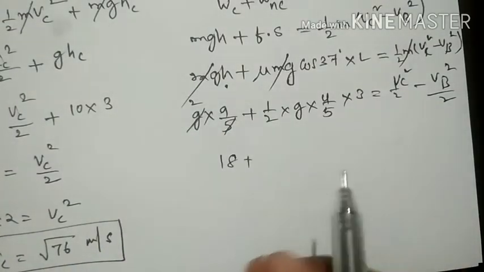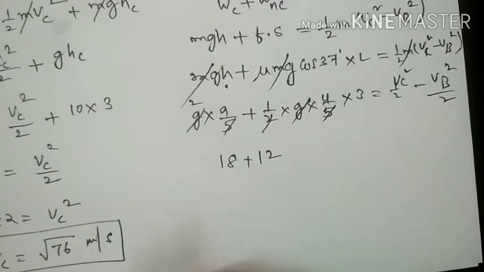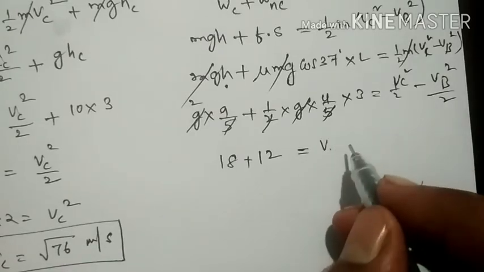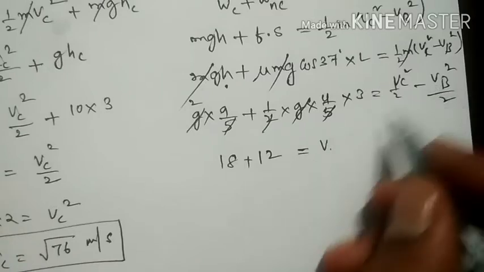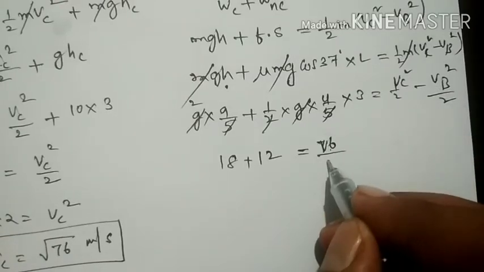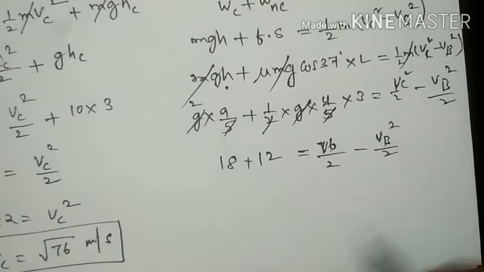It is 18 plus, you can cancel these two, 12, 30. Here, what is vc square? Vc square means it is 76 by 2 minus vb square by 2.